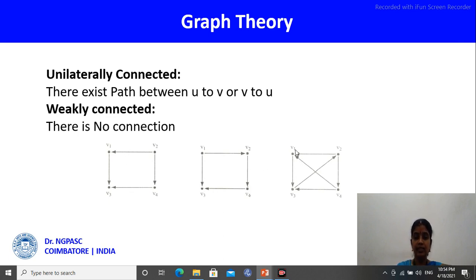In the last one, V1 is reachable to V2 and also V2 is reachable to V1, so it is strongly connected. These are examples for weakly connected, unilaterally connected and strongly connected.